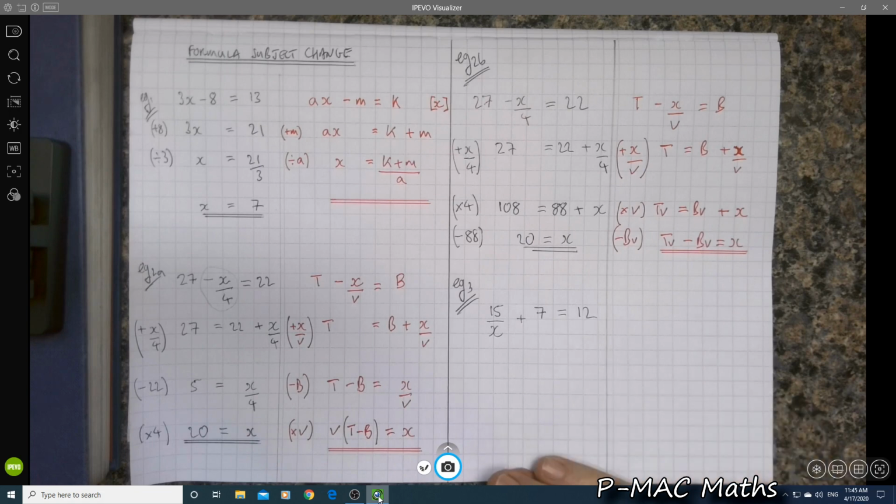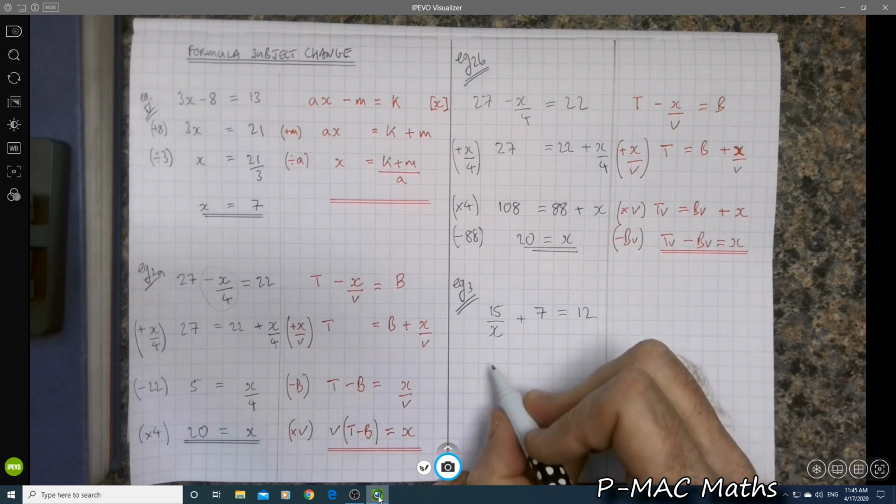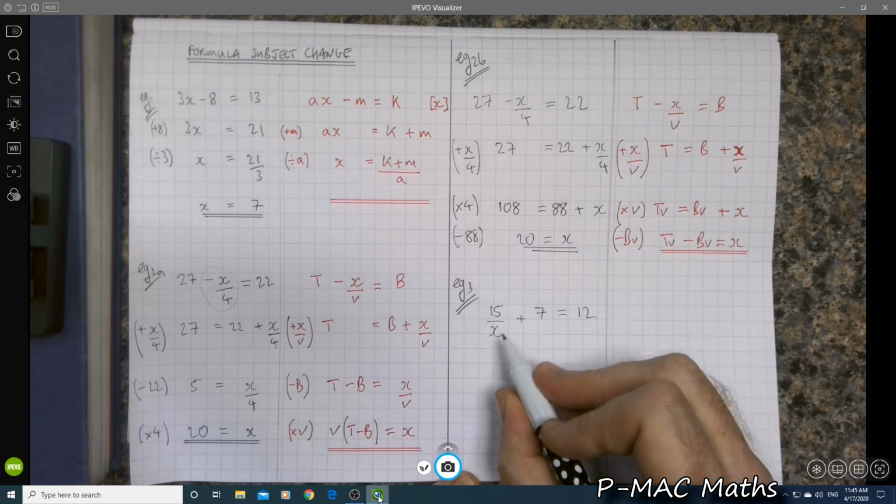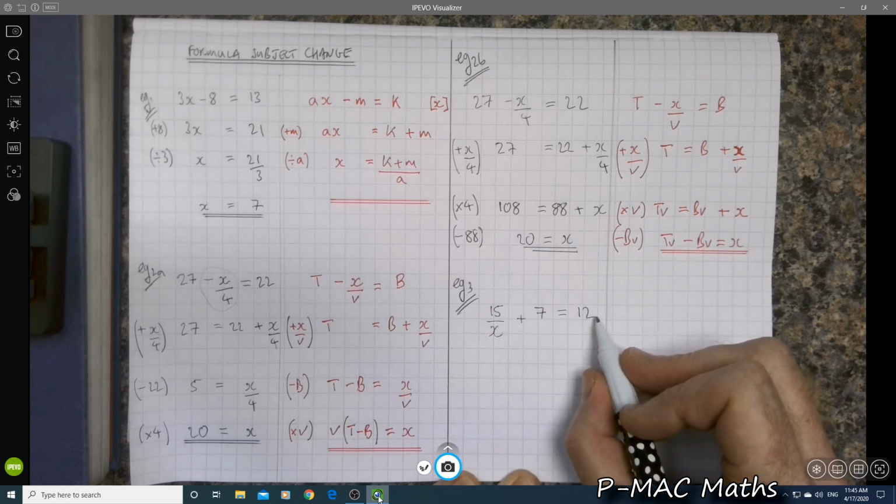So a couple of ways I could go about this one. I'm going to first of all get rid of the fact that x is a denominator. So if I'm going to get rid of x being a denominator, it means I need to multiply every term by x.